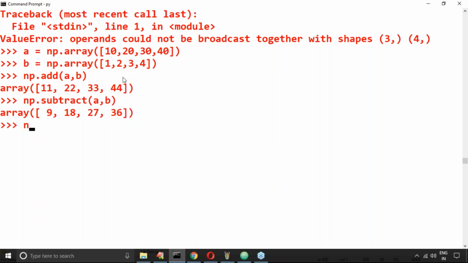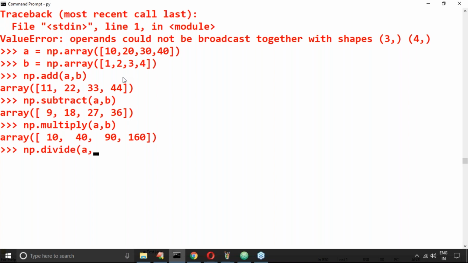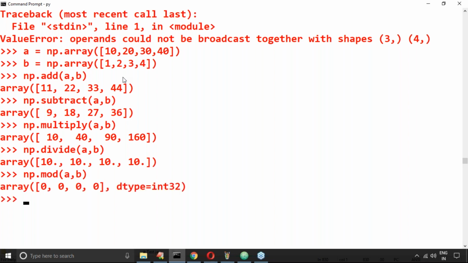Next, np.multiply of a comma b. np.divide a comma b. np.mod a comma b. Mod means the remainder. And np.power a comma b.